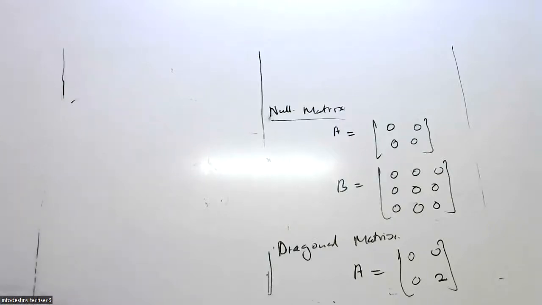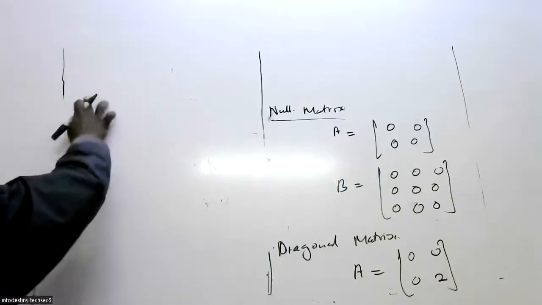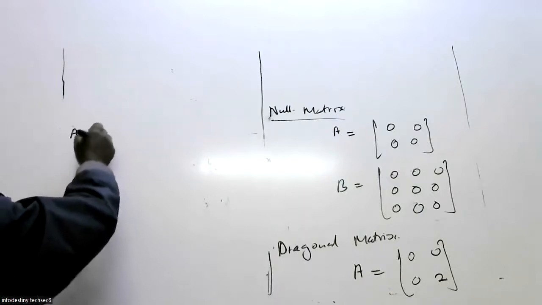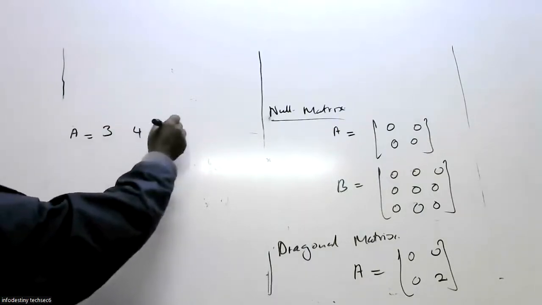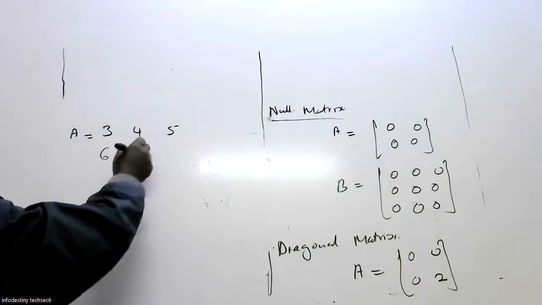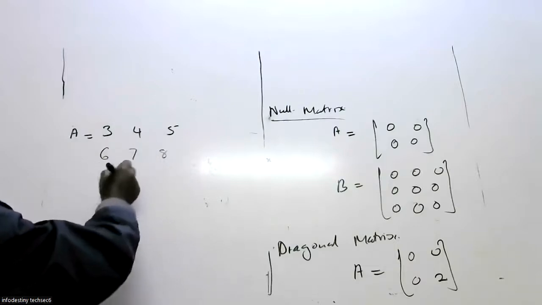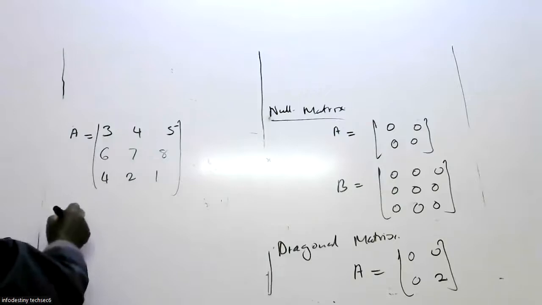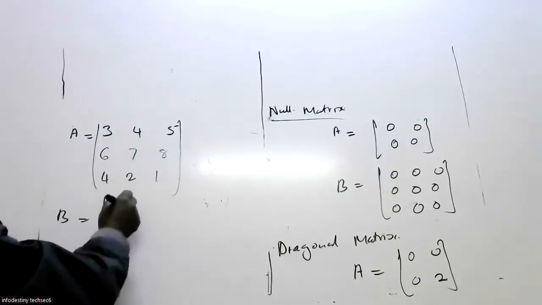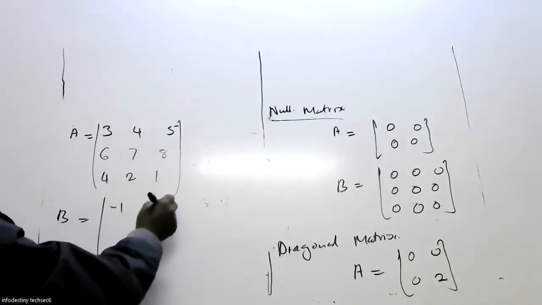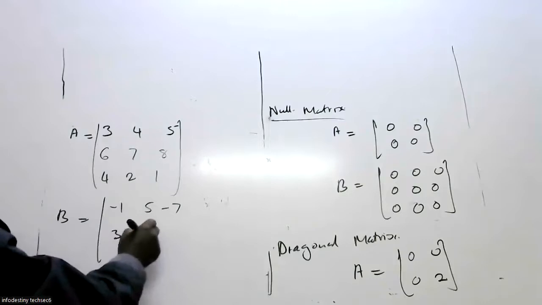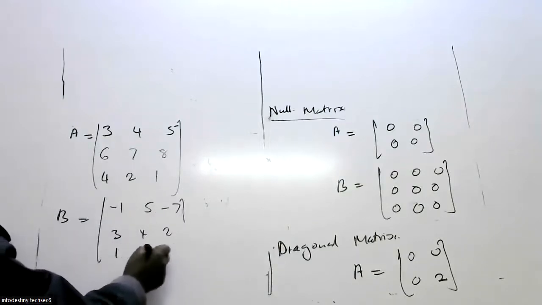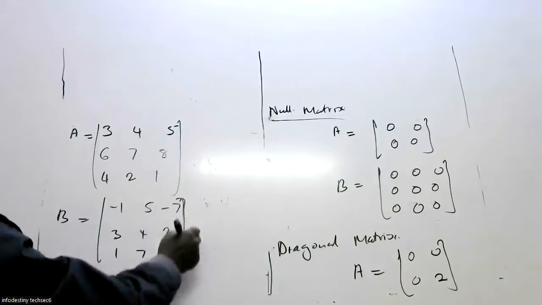Now let's look at this matrix. A equals 3, 4, 5, 6, 7, 8, 4, 2, 1. And B equals -1, 5, -7, 3, 4, 2, then 1, 7, 0.